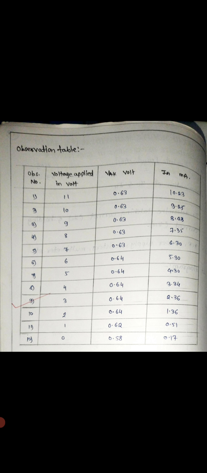For observation number 11, the applied voltage is 1 volt, VAK is 0.62, and IA is 0.51. In the last observation, 0 volt is applied, VAK is 0.58, and IA is 0.17 milliampere.